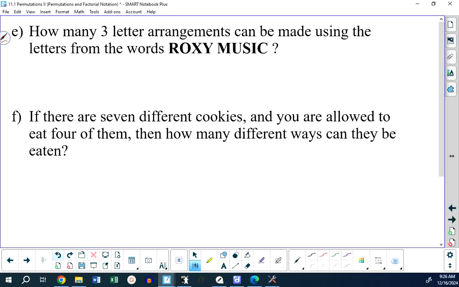How many 3-letter arrangements can be made using the letters from the words Roxy Music? Well, there are 9 letters there. Am I wrong? That's right? 9? So if you approached it with the fundamental counting principle, you would put 3 blanks because you only want a 3-letter arrangement, and you would say the answer is 9 times 8 times 7. 504.